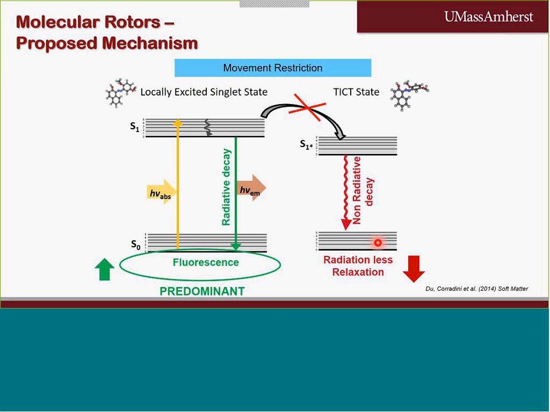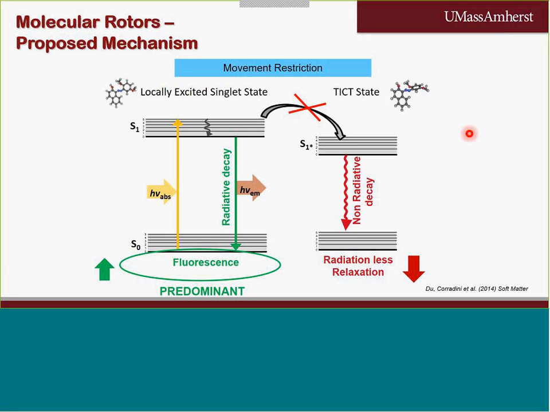So, if we are in a fluid environment, the twisted state is prevalent, and consequently we have non-radiative relaxation. However, any restriction in movement results in the prevalence of the locally excited state and consequently an increase in fluorescence.